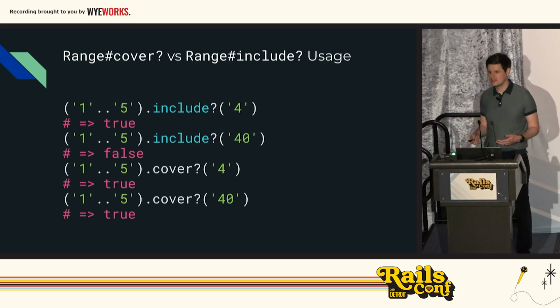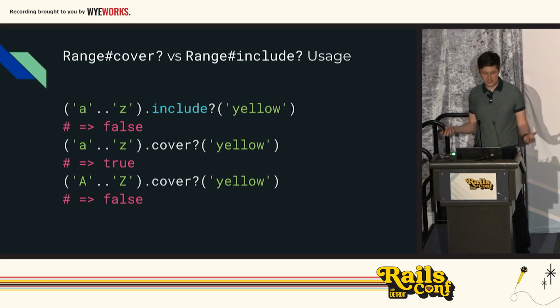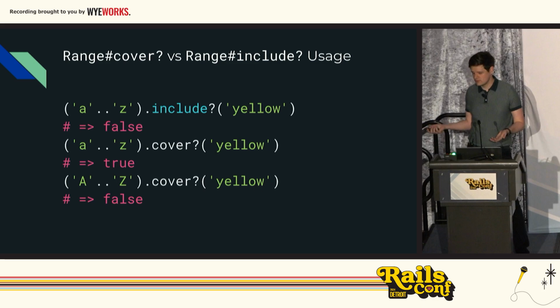But if we're thinking of it in terms of a dictionary and we use an actual string, we think about maybe if we had the range N to Z in the dictionary, that would cover the word yellow because that comes in the Y section of the dictionary, even though there is not actually yellow in between N through Z in our range itself. So this is fairly important.